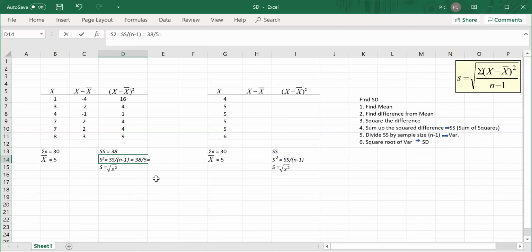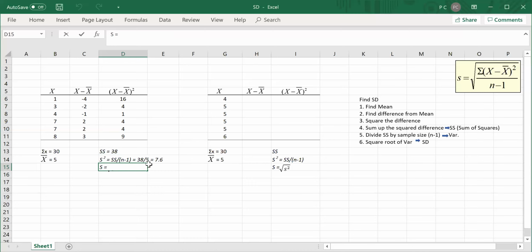If we do the calculation, we'll get 7.6. This is the variance, and this is the average amount of squared difference.